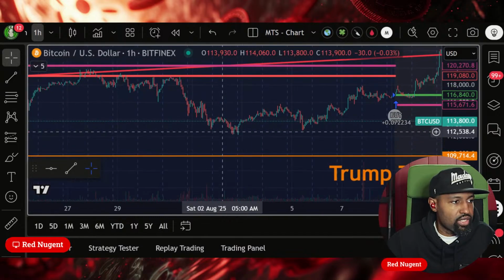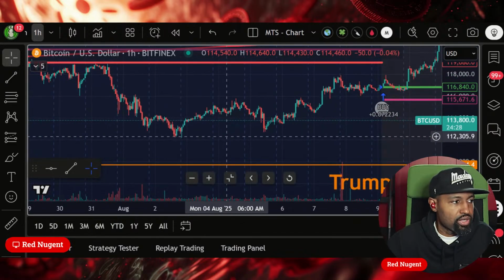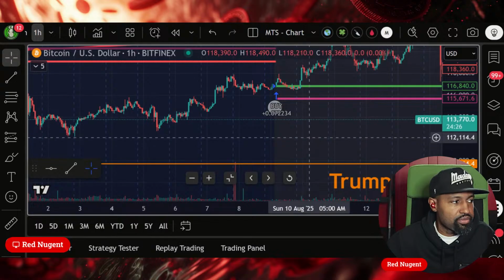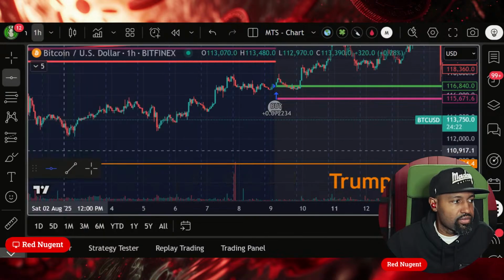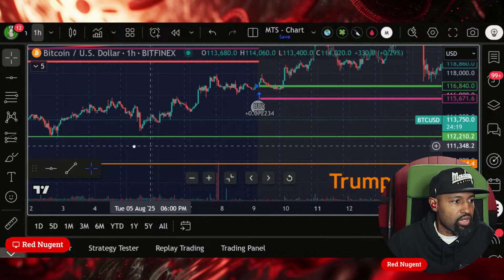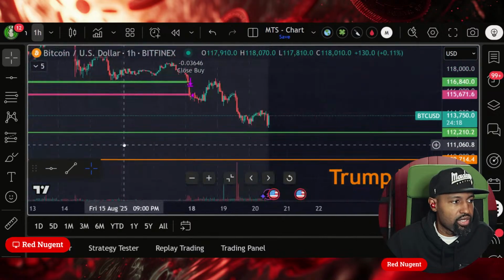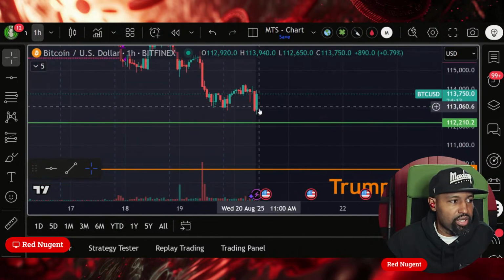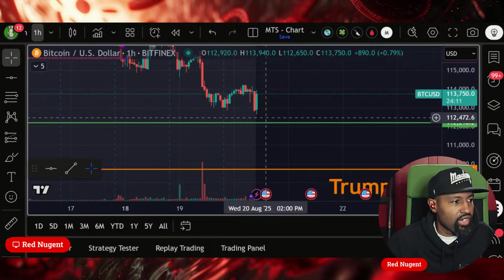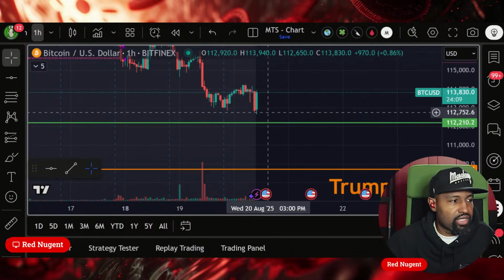That's what the market is trying to do. That 112 zone is trying to keep us above it. Let me just mark that really quickly so you can see where we are. You see that? The market is trying to keep us above there. The bulls are trying hard to keep us above this zone.